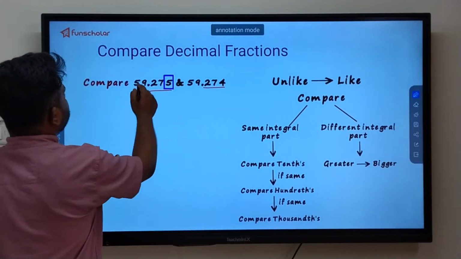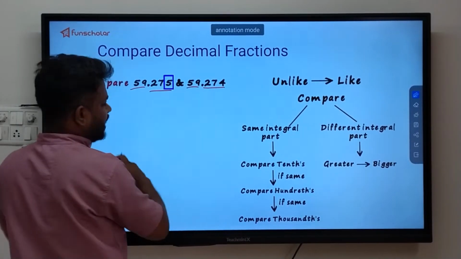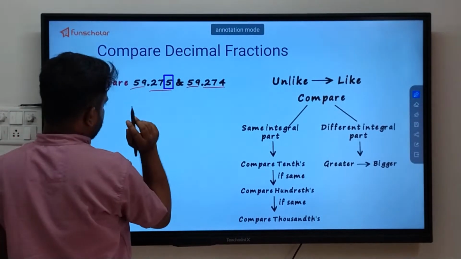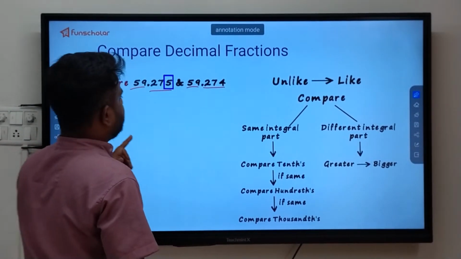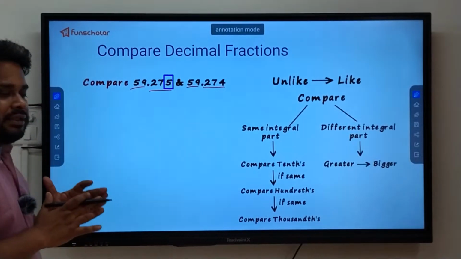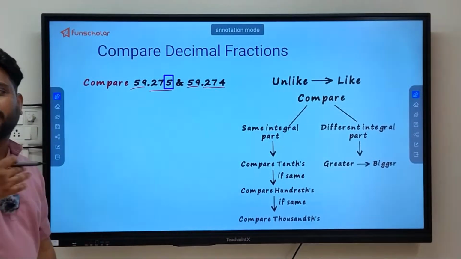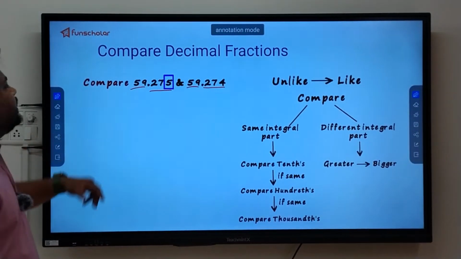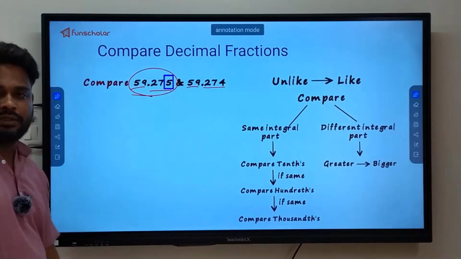You can see that 59 is the same, the point is after 2 numbers in both, 2 is the same, 7 is also the same, but the only difference is 5 and 4. We know that 5 is bigger than 4, so we can tell that this number will be bigger than the previous one.